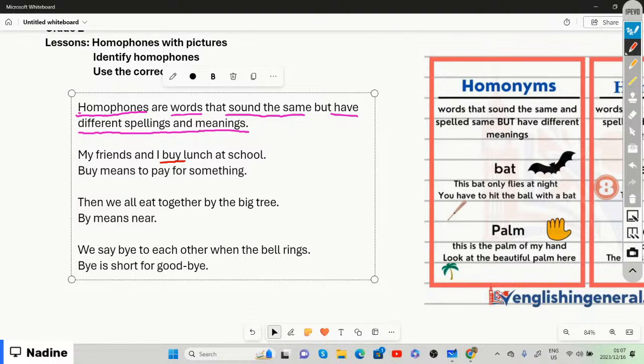I'm not sure if it's called the tuck shop at your school, because in South Africa we call it the tuck shop. Probably they call it the cafeteria or the canteen at your school.